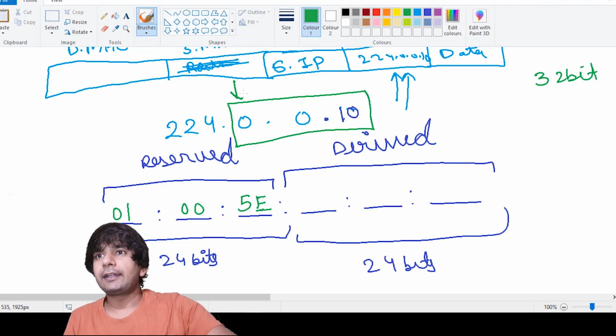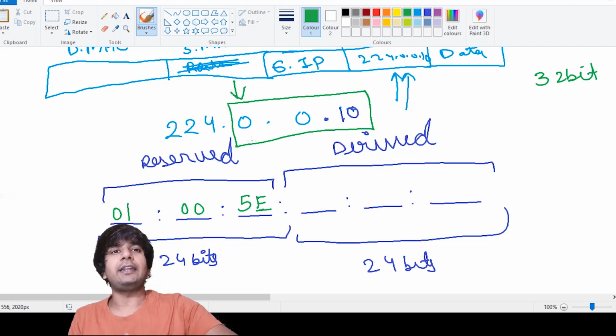Now let me tell you one thing. See, one octet has 8 bits. So 8 bits plus 8 plus 8, in total how many bits will you get? You will get 24 bits. And yes, we need 24 bits only. So let's focus on this octet.